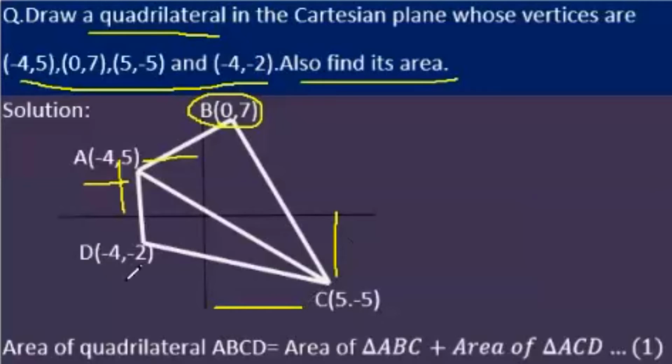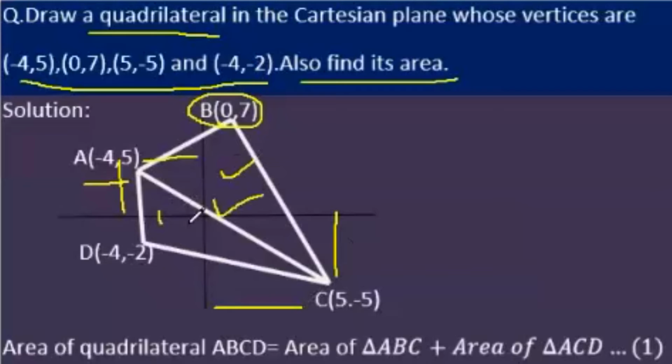Now we want to find the area of this quadrilateral. In order to find it, we draw this diagonal AC. From the figure you can see that this diagonal AC is dividing the quadrilateral into 2 parts. First one is the triangle ABC, the upper one, and second one is the lower triangle ADC.